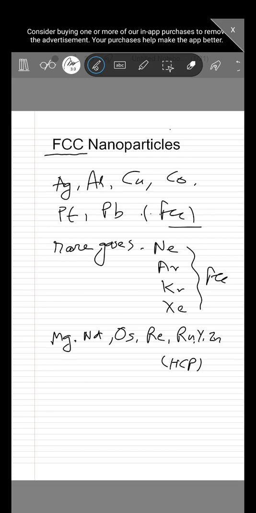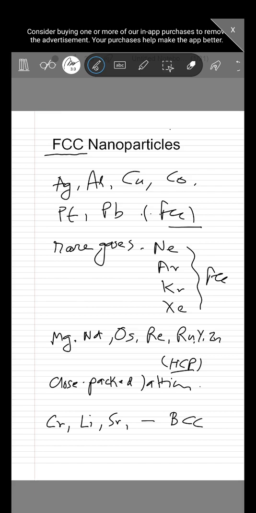Now these FCC and HCP come under the close packed lattices. Whereas there are other metals which are not so close packed, like chromium, lithium, strontium; they have the BCC structure. So when we talk about close packed structures, we mainly consider the FCC and the HCP structures.